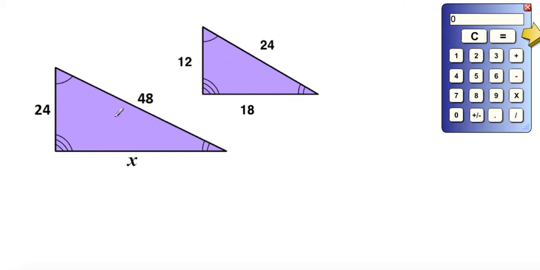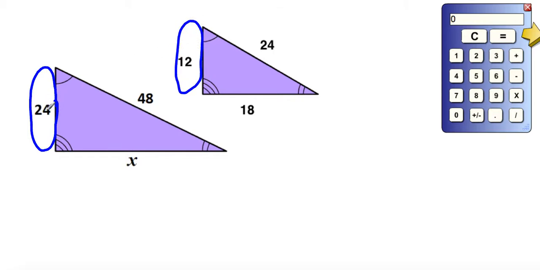So I noticed on the assessment that some of you, when you were presented with problems that had lots of different numbers representing different values, you got a little bit confused about which corresponding sides were correct. So I'm going to tell you now that I'm going to highlight this 24 in blue and this 12 in blue.